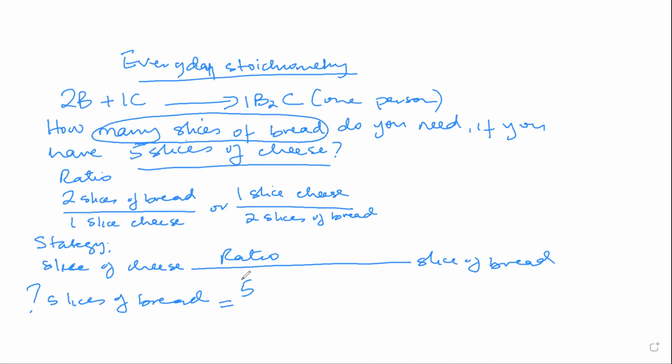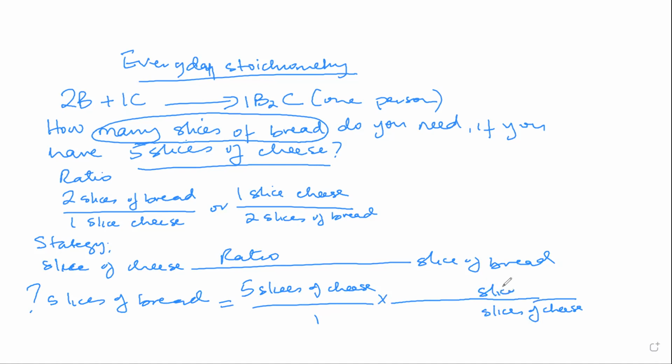We know 5 slices of cheese. Slices of cheese over 1. Then we repeat slices of cheese because we want to get rid of that. Then slices of bread. Slices of cheese to slices of bread. So there's 2 slices of bread and 1 slice of cheese here. We cross this out. So this is now like conversion factor. So we need 10 slices of bread.